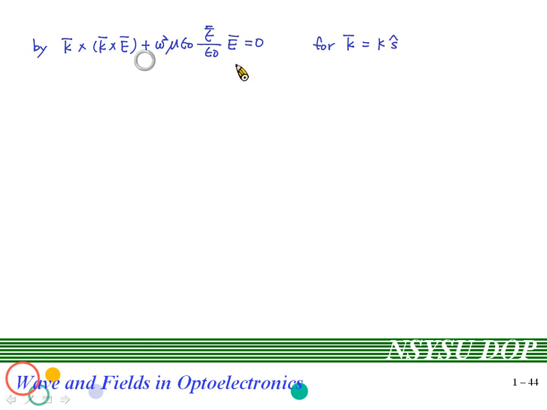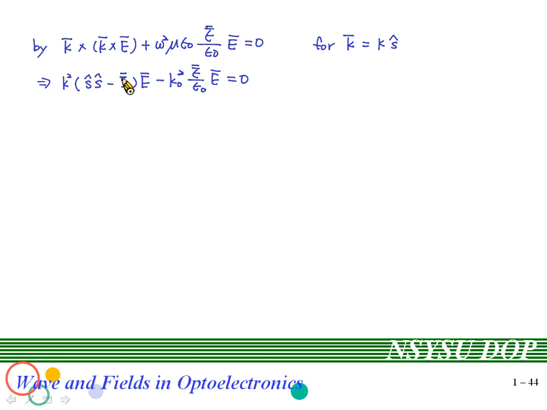So by taking this expression into the above equation, we can have K squared times (S hat minus I) times E minus K0 squared times epsilon tensor over epsilon 0 times E is 0. The I here is the unit matrix.